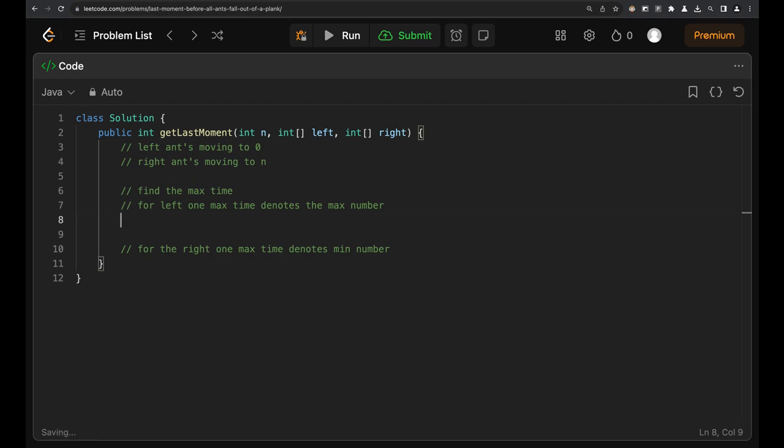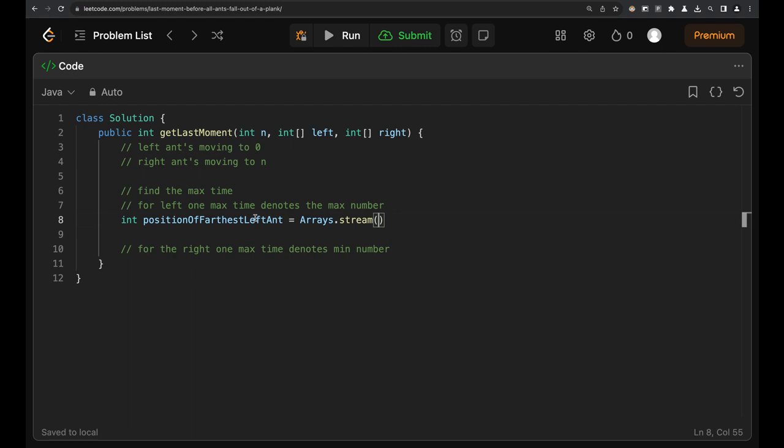So let's say int position of farthest left ant. It's a pretty huge name, I understand, but this is something which is making sense, and this certainly qualifies me as a Java developer. Arrays.stream.